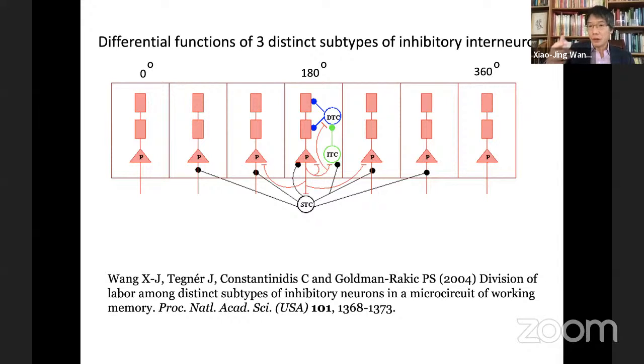So depending on the activity in blue or green, you can either close the gate when you have too much dendritic inhibition, or open the gate when the blue cells are suppressed by the green cells. Okay, so that model was proposed theoretically in 2004.